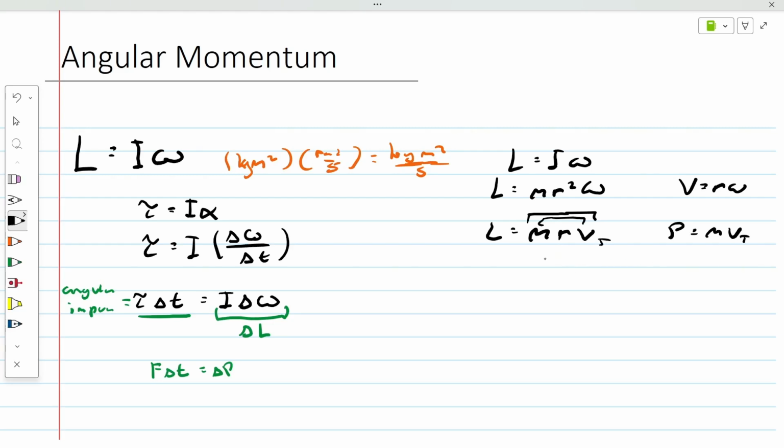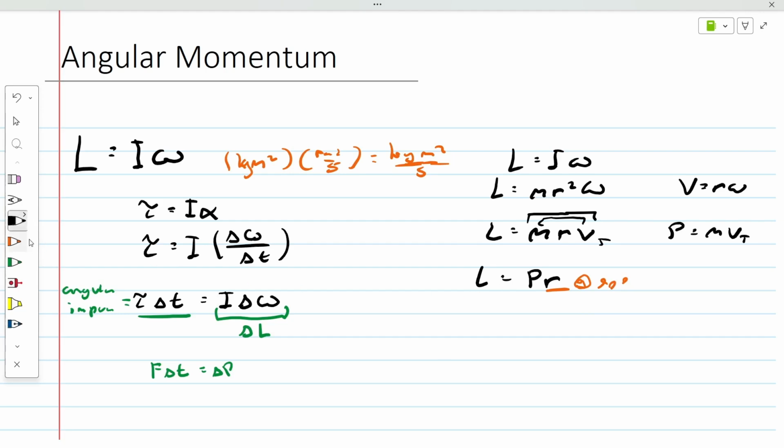And so we can pull the linear momentum out and get that the angular momentum is the linear momentum times r. Just like pretty much everything in rotation, the rotational version just equals the linear version times the radius. That's pretty much always what happens. In this case, this radius would have to be at 90 degrees.